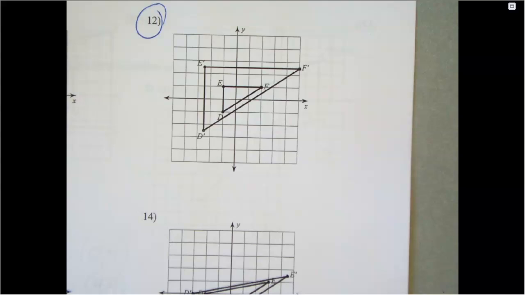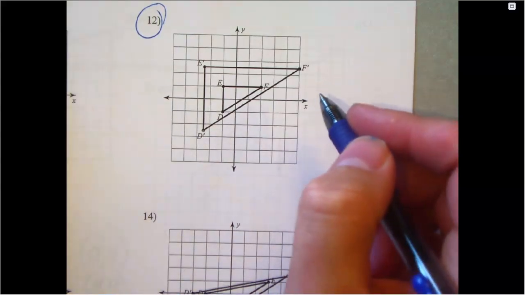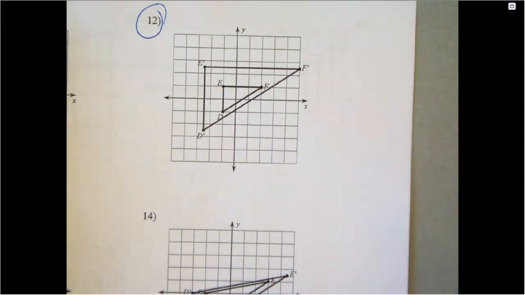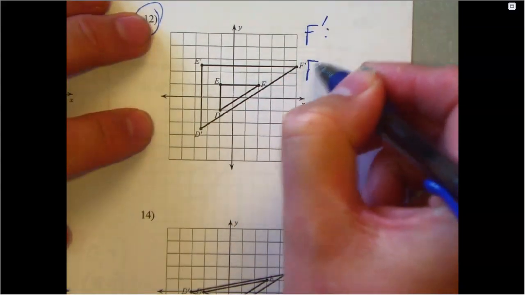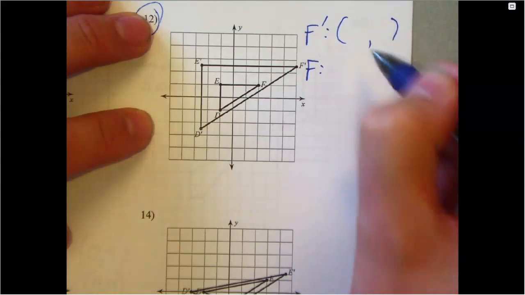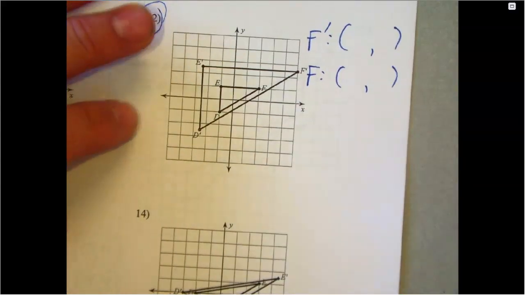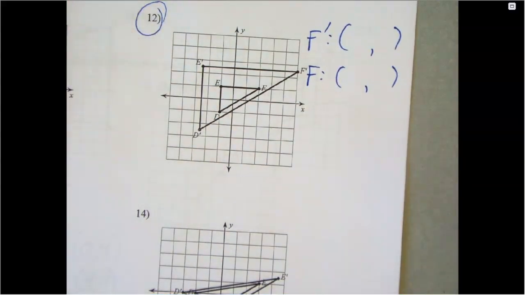E, F, or G? F. Okay, so what am I going to write down? F prime and F. We go a tiny bit slower.